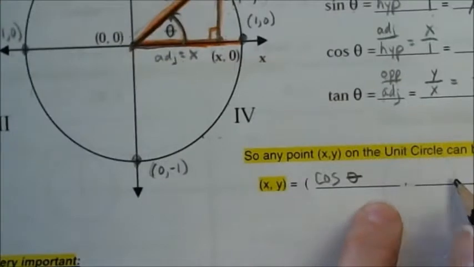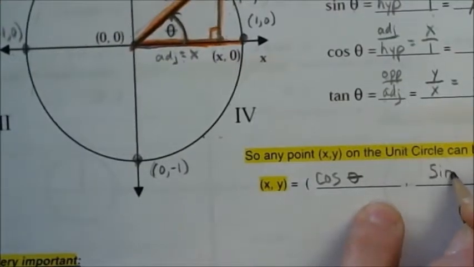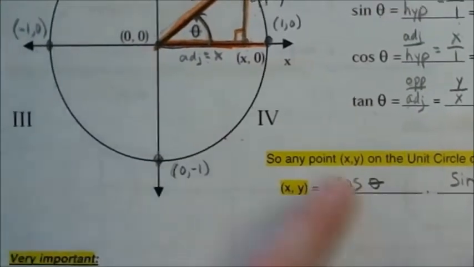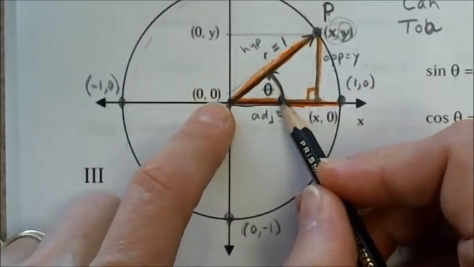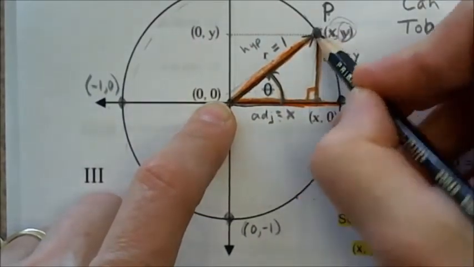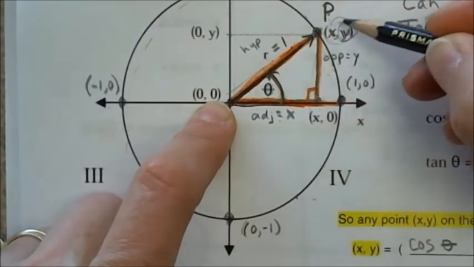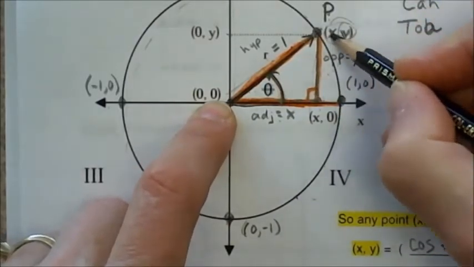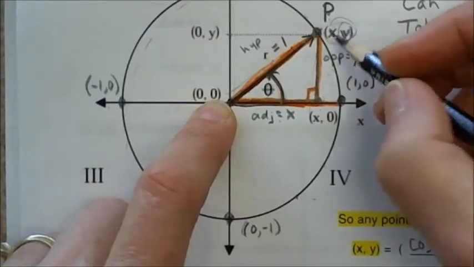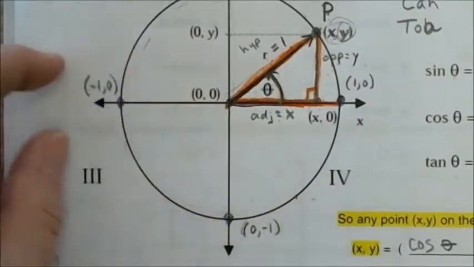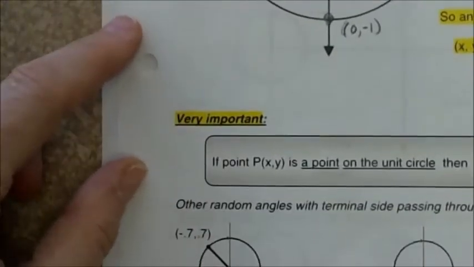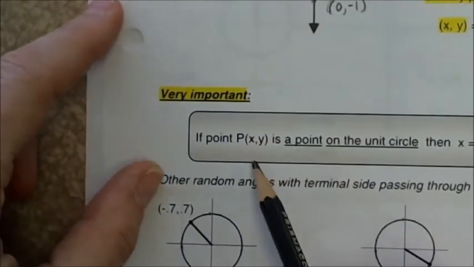The y value is the sine of that angle theta. And if we know this theta is 30 degrees, for example, we know that this point is, I'm sorry, the cosine of 30, comma, sine of 30, which we can find on the calculator. So we'll do some examples down here, but again, this is really, really important.